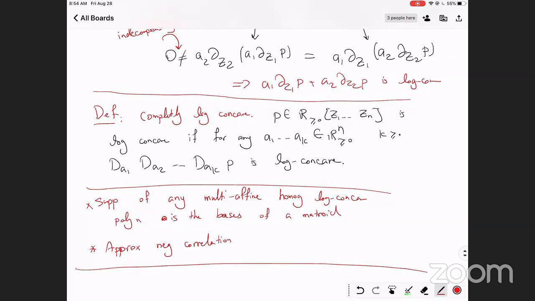So you can look at partial Z1 plus partial Z2, that could be D of A1, and D of A2 could be partial Z1 plus partial Z3 plus 10 partial Z9, and so on. Yes, this is a stronger property, but it is equivalent. The fact that all partial derivatives are log concave is equivalent to all directional derivatives being log concave. It's not obvious, but it follows from this proof.